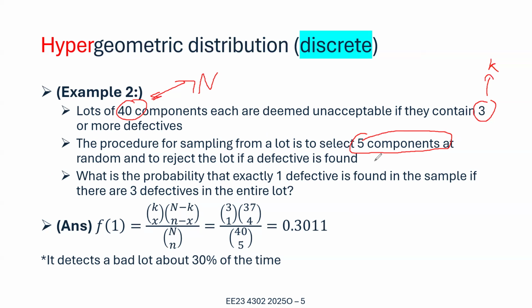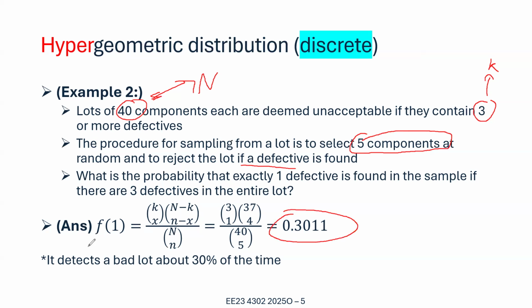There is no difference between those 5, and we reject if a defective is found out of those 5 components. Then we get the combination between 3 and 1, and between 37 and 4, divided by 40 and 5.